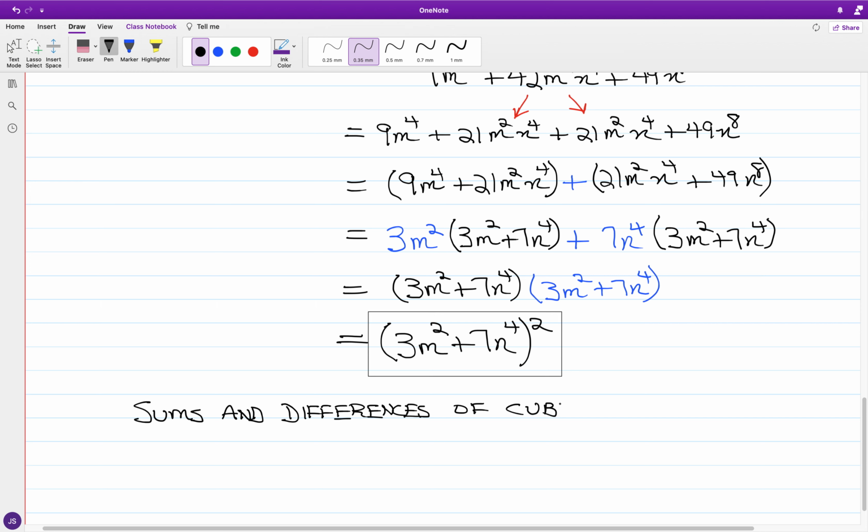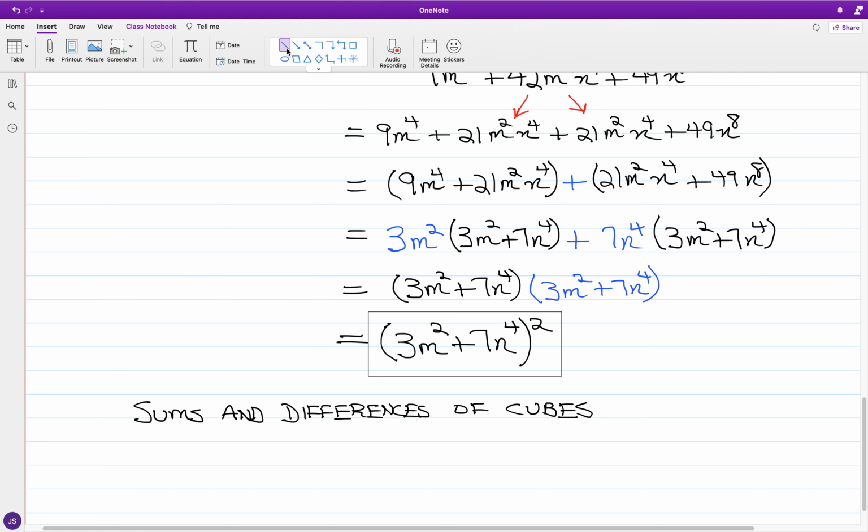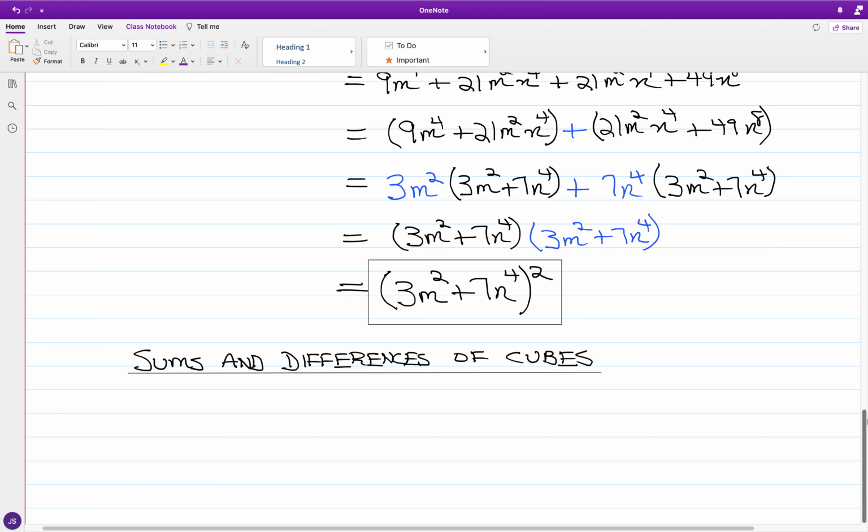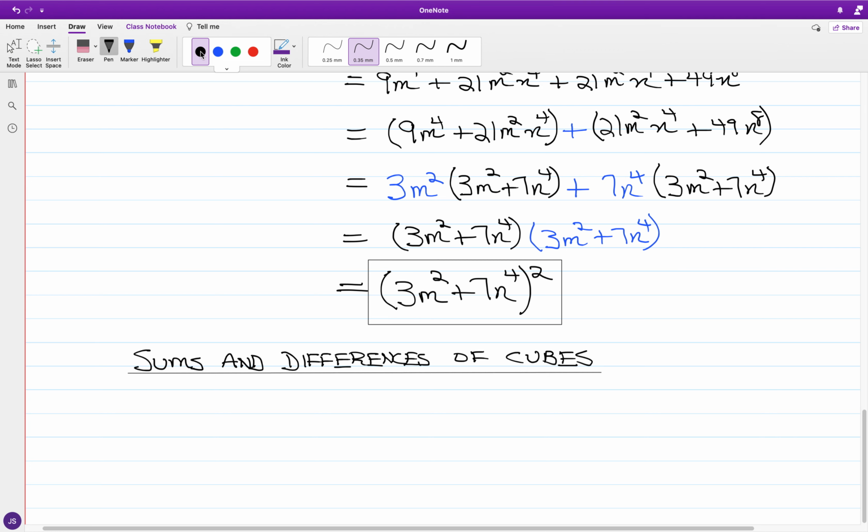You'll see this part fairly briefly in this chapter, but it will reappear later on, especially as we go into long division and synthetic division, in the second half of the course. Now, for sums and differences of cubes.